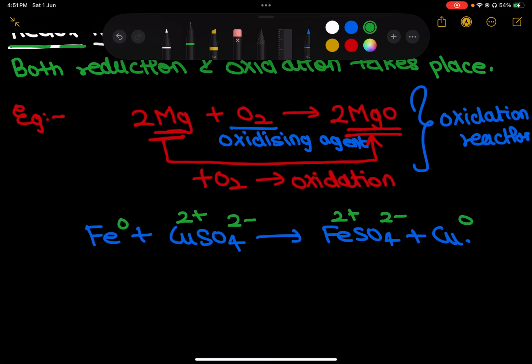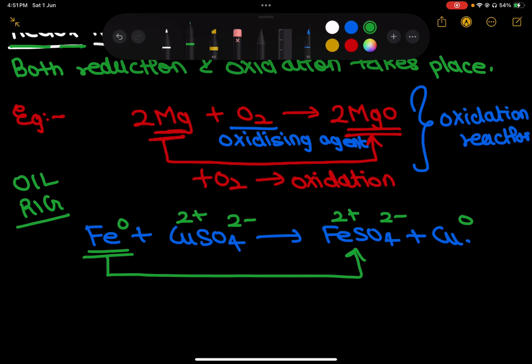We know OIL RIG: oxidation is loss and reduction is gain. Oxidation is loss. So now see the metals. You have Fe. Fe goes from charge 0 to charge 2 plus. That means that electrons have been taken away. That is why positive charge has been put, right?